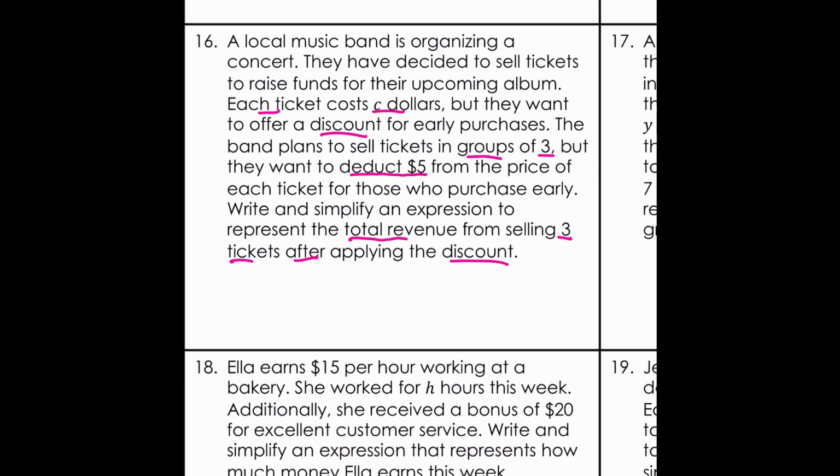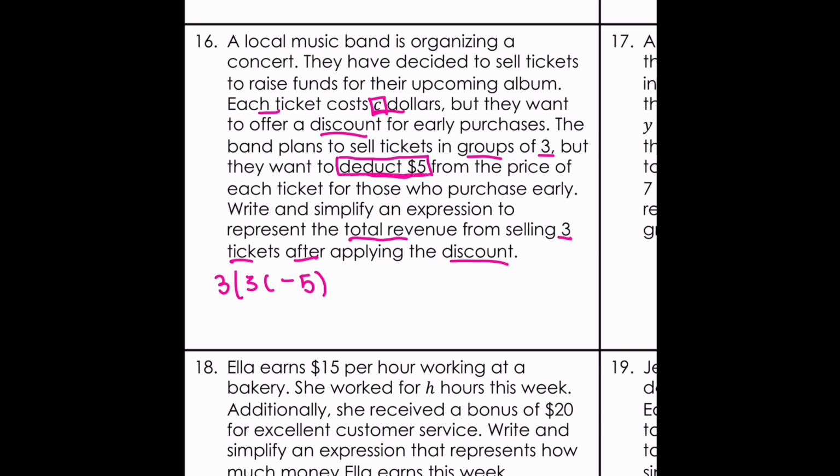Okay, so if they're trying to sell them in groups of 3, we are going to take 3 and multiply that by 3 tickets. Well, we don't know how much the 3 tickets cost. So we're going to let that be represented by the variable that it wants us to use, which is C. Okay, and then they're giving the discount to those tickets. So a discount is telling us to subtract the $5.